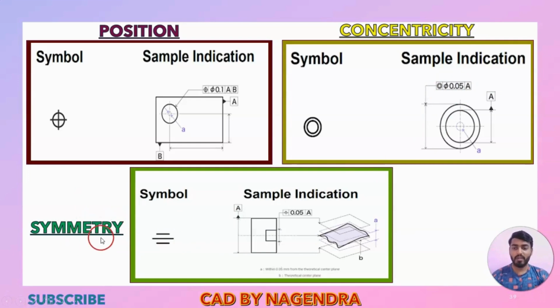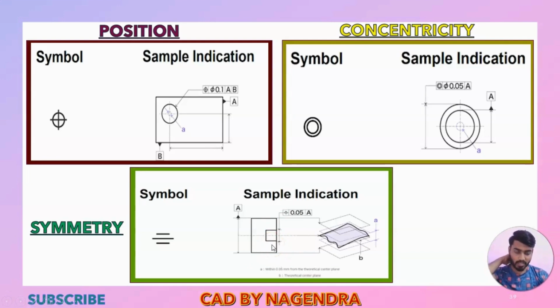Then symmetry will be there at last. Symmetry is nothing but, you can see here, we need a symmetric relation for this center object with a tolerance of 0.05 with reference to A. With reference to this total length, whatever dimension we have from this to this side, the same equal dimension we need on the opposite side also.